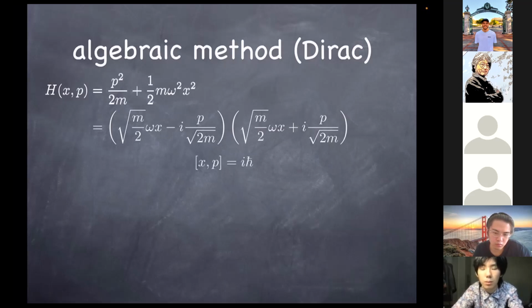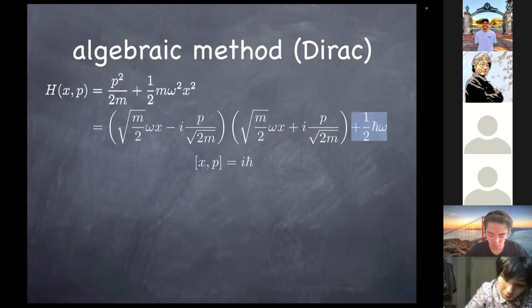But at this point, you have to remember that we are no longer talking about classical mechanics. So x and p are not numbers anymore, but they are operators. And they satisfy this canonical commutation relation, xp minus px is i h bar. So we have to be a little more careful when we take this approach of rewriting the Hamiltonian using the complex number.